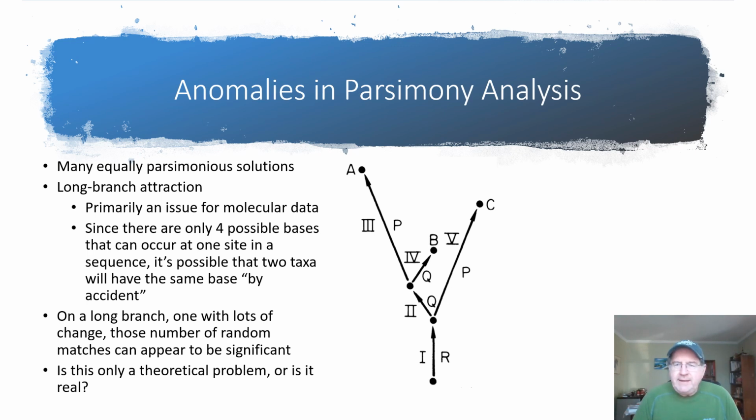if you're looking at a nucleotide sequence, then for a single position in an alignment, there's basically only 4 bases that you can have there. You can be A, C, T, or G, right?